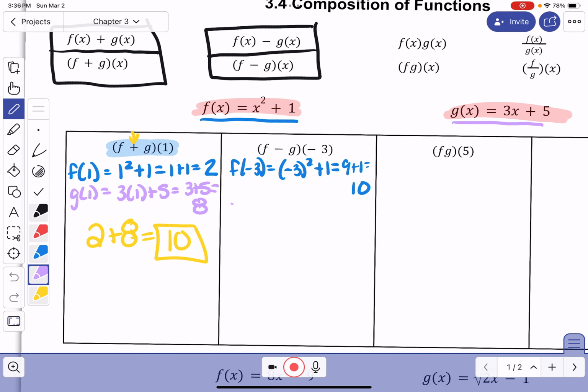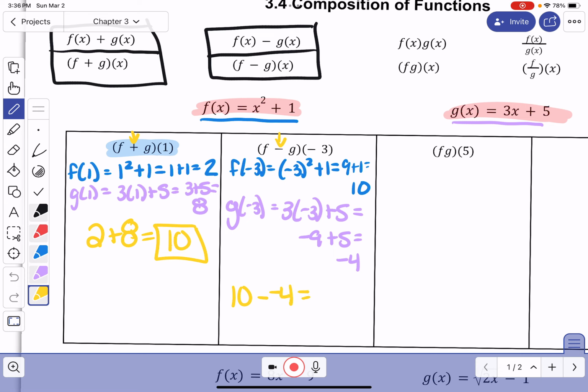Then if we did g of negative 3, we would be doing 3 times negative 3 plus 5, which gives us negative 9 plus 5, or negative 4. Then we subtract our answers. So 10 minus negative 4 is 14. For ones like this, just make sure you pay attention to the order of what's first so that when you subtract, you get the right sign.